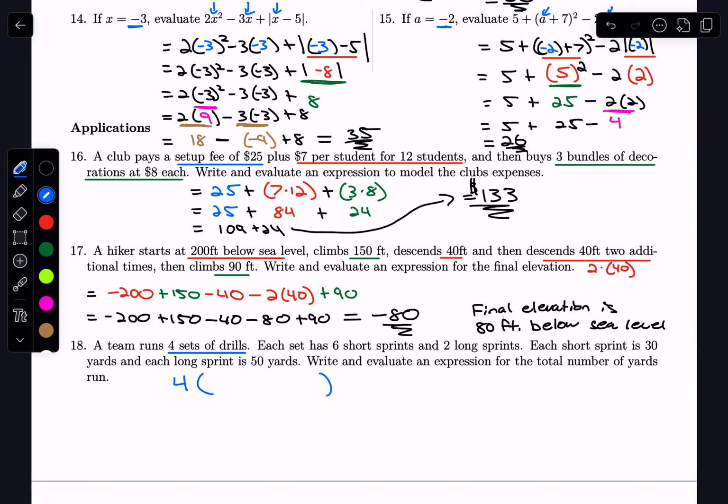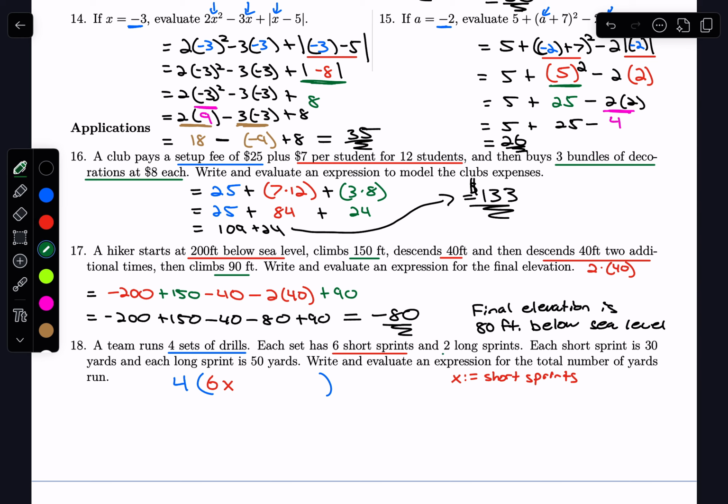So now, each set of drills has 6 short sprints and 2 long sprints. So I'm going to represent 6 short sprints using 6, and then I'm going to put the letter x here, where I'm going to say on the side, x represents short sprints. Okay, so 6x means 6 short sprints.